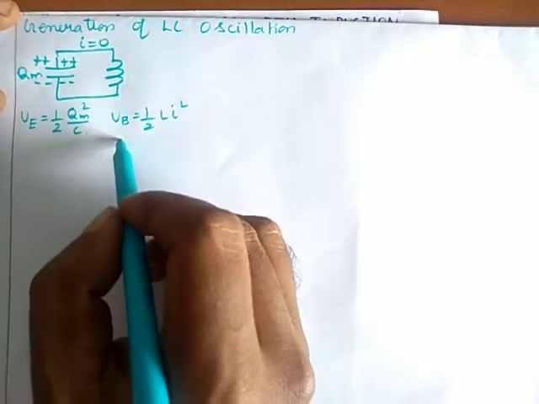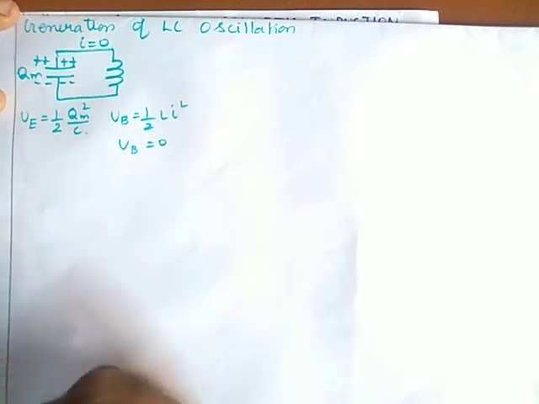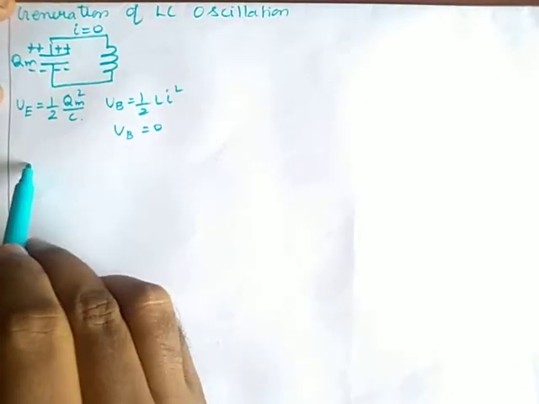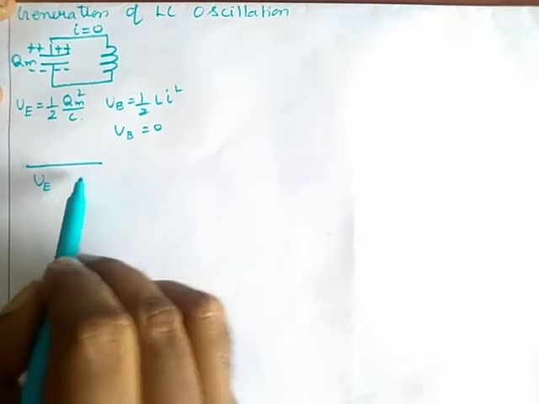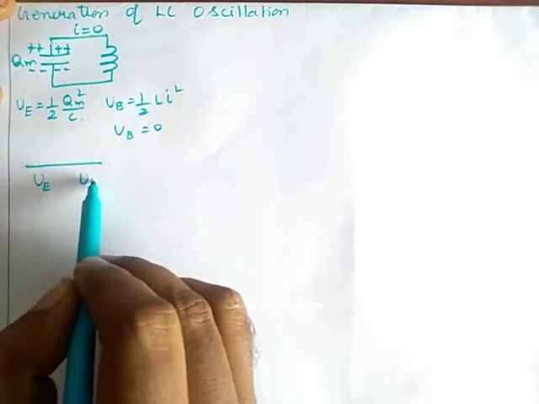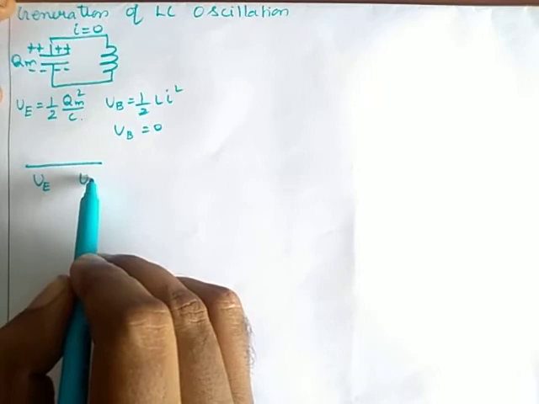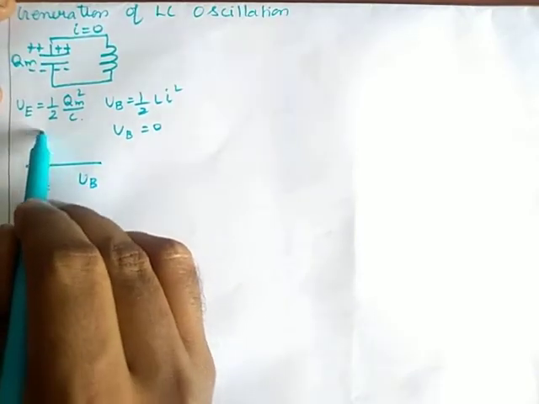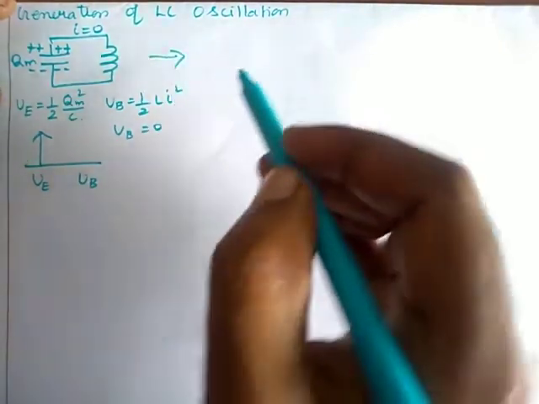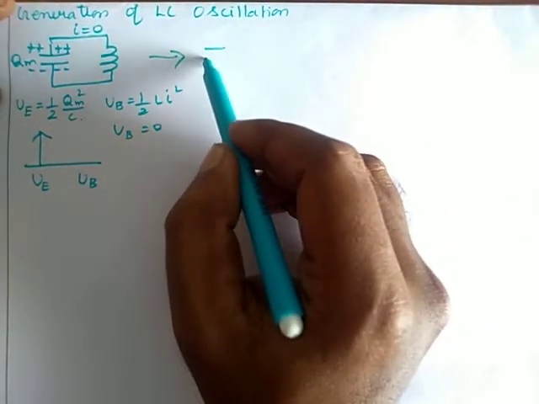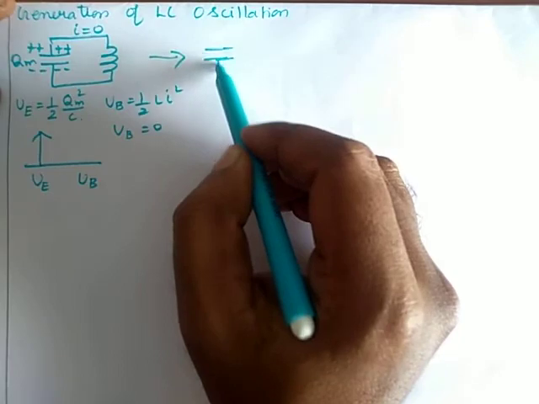Here the current is 0, so UB is 0. In this case, the whole energy is stored in the capacitor, so the total energy is fully electrical. At the next instant, the capacitor will discharge.